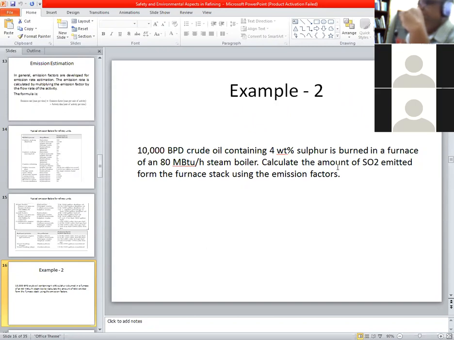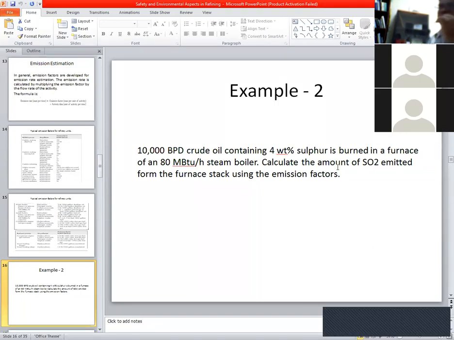So first of all, we refer to table 17.4 for sulfur oxide, and then there will be two values for the emission factor. One is for below 100 MMBTU per hour capacity, and one is for higher than that.